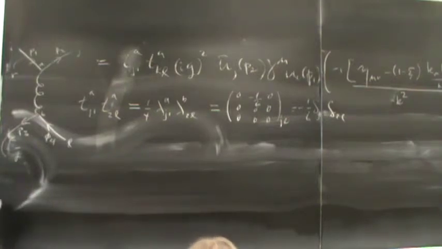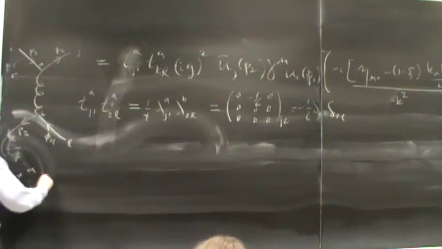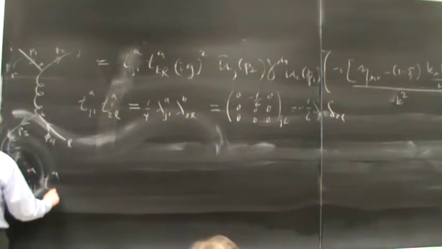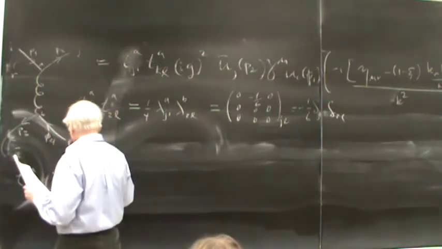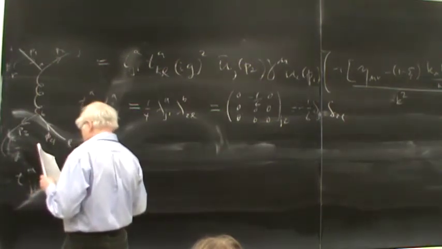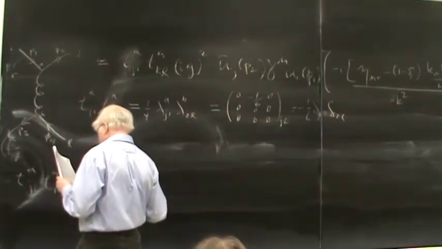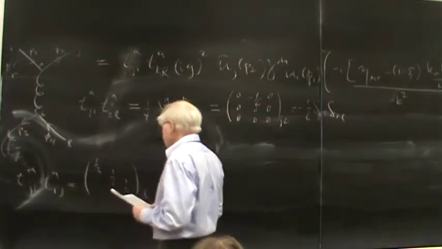Suppose on the other hand that the U was red, but that D bar was anti-red. Well, now what we would have would be t^A_J1, t^A_1L. And this would turn out to be 1/3, 1/2, 1/2 delta_JL.